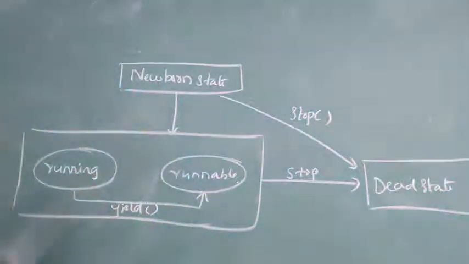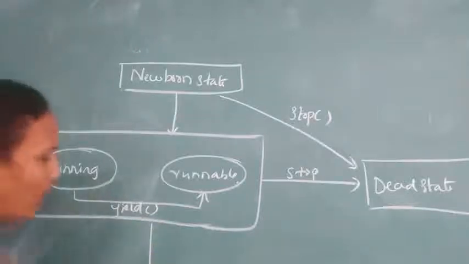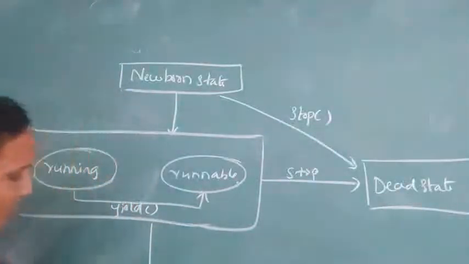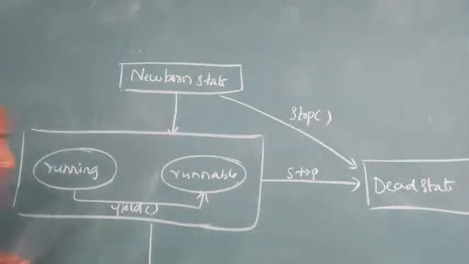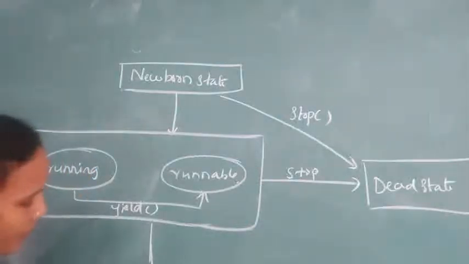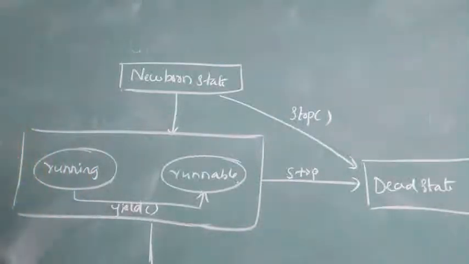Now here we have one more state, that is the blocked state. A running thread can enter a blocked state.